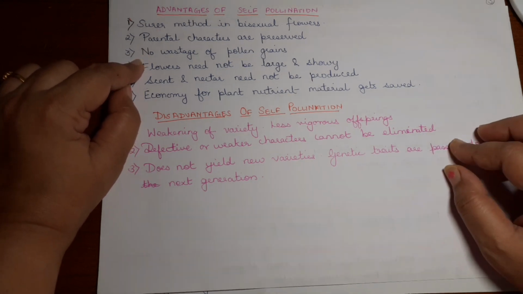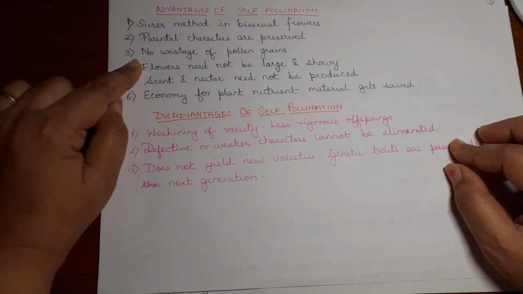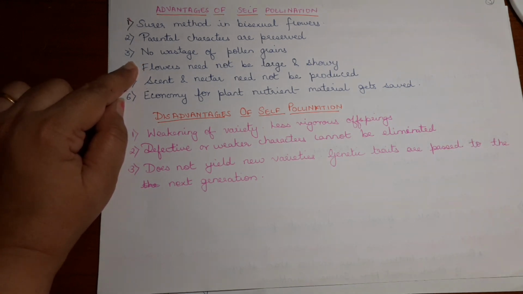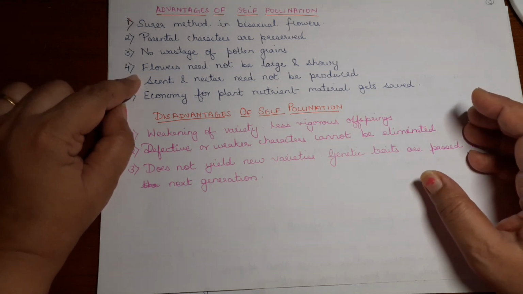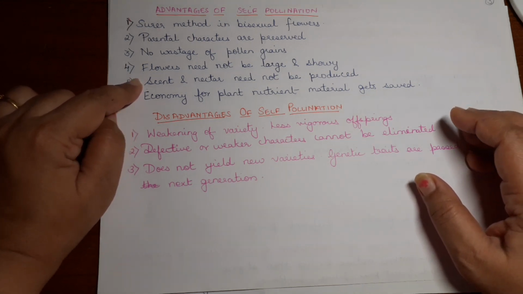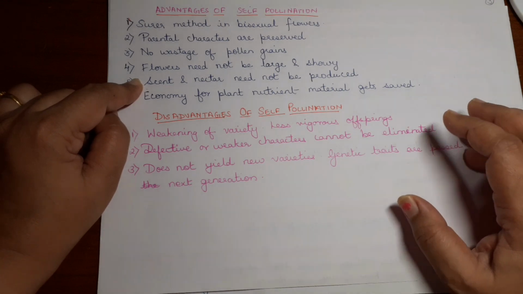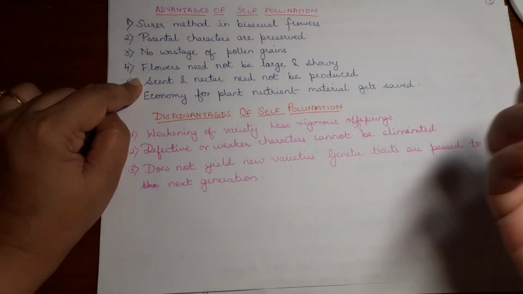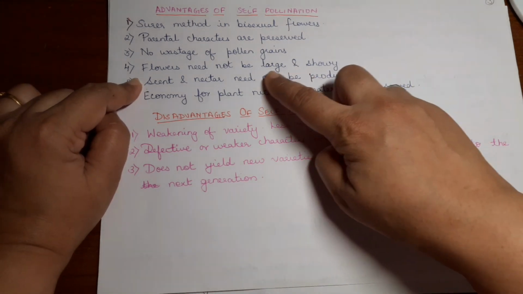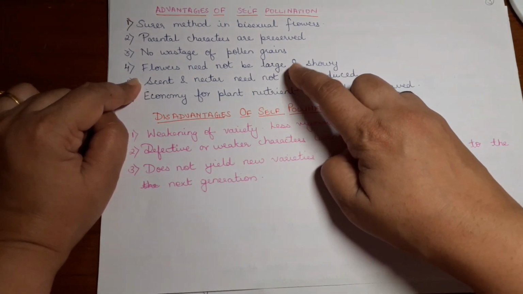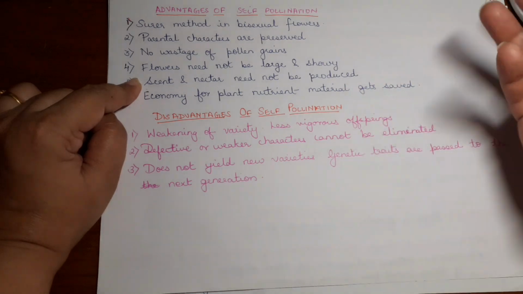No wastage of pollen grains. Hardly any pollen grains will be wasted because they will not be thrown out into the air or into the water or any other medium. Flowers need not be large and showy. For cross pollination, the flowers have to be large, colorful and bright. But for self-pollination, the flowers need not be large and colorful.